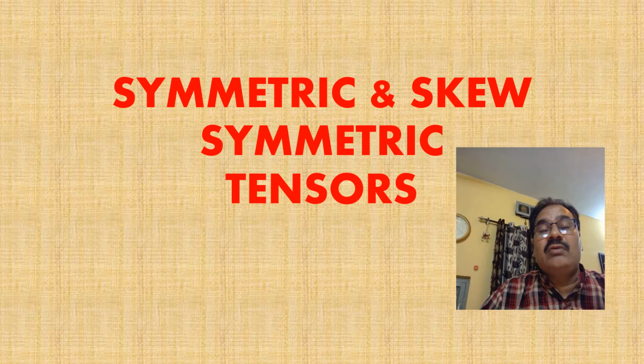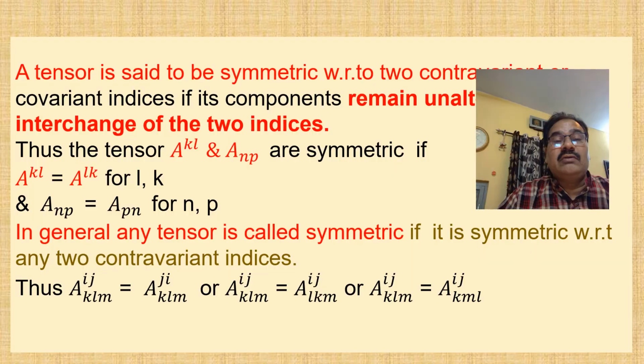Now after this we have to study symmetric and skew-symmetric tensors. So let us look at what a symmetric and skew-symmetric tensor is. A tensor is said to be symmetric with respect to two contravariant or covariant indices if its components remain unaltered upon interchange of the two indices.